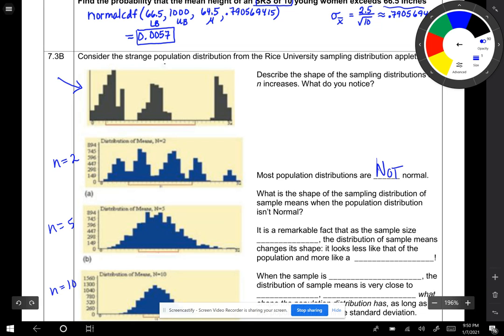But if you look at the sampling distributions, as n increases, the distributions become more symmetric and almost more normal.